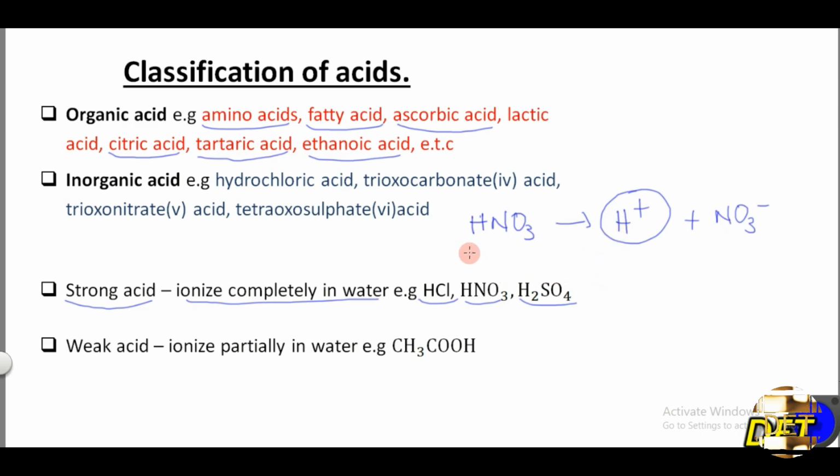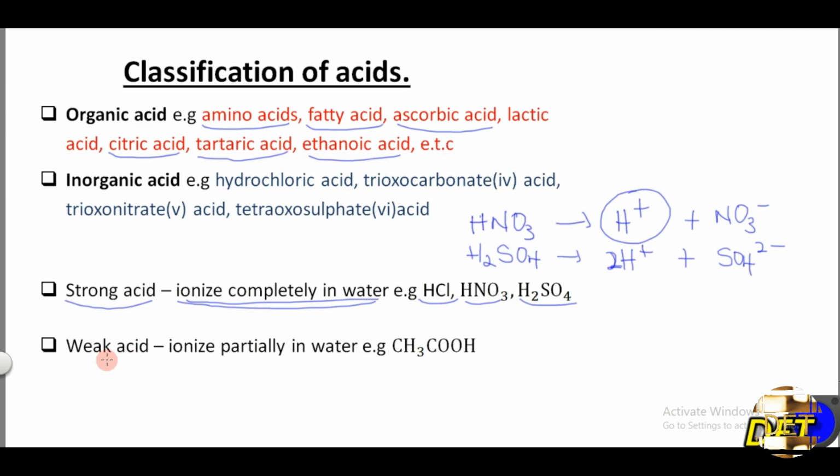Also, if H2SO4, tetraoxosulphate acid, ionizes, it ionizes to form hydrogen ion and tetraoxosulphate ion, right? So it ionizes to liberate the hydrogen completely. So any acid that ionizes completely in water is known as a strong acid. So examples again are hydrochloric acid, trioxonitrate acid, and tetraoxosulphate acid.